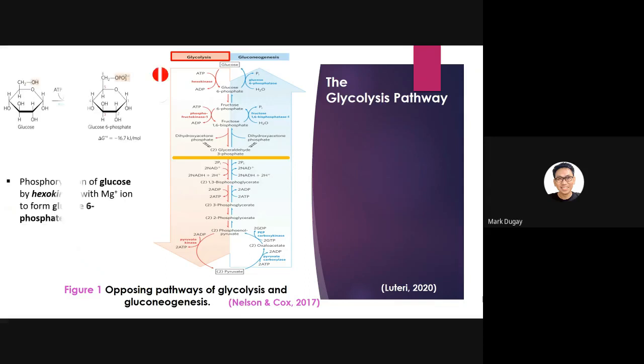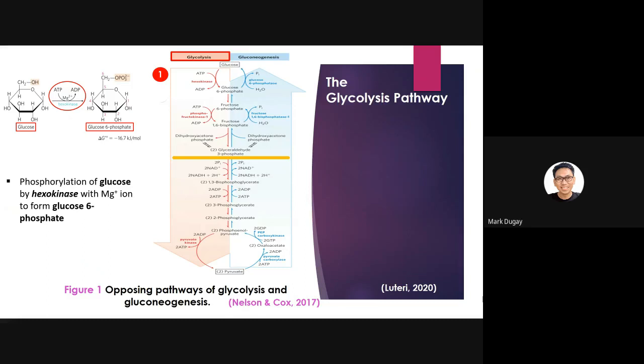Step 1, glucose enters the cell and is phosphorylated at the hydroxyl group of carbon 6, catalyzed by the enzyme hexokinase, requiring magnesium ion for its activity to transfer a phosphate group from ATP, forming glucose 6-phosphate.